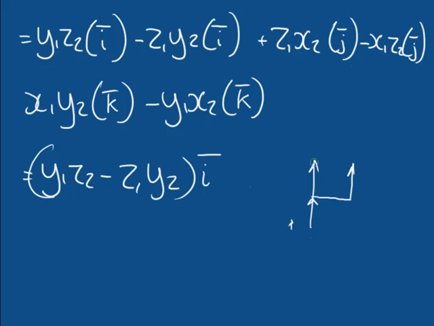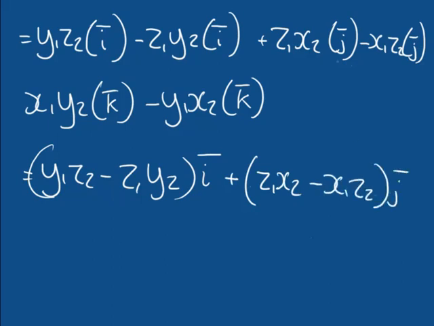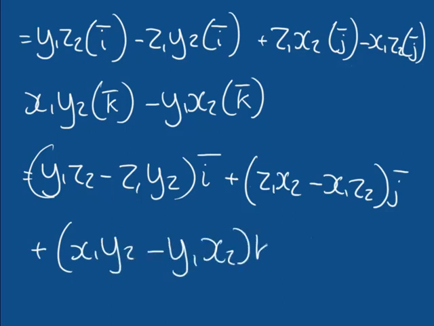So we're able to factorize that into parentheses. That's our first terms dealing with i. I'm then going to add to that z1 x2 minus x1 z2 multiplied by j. And then I'm going to add to that x1 y2 minus y1 x2 multiplied by k.